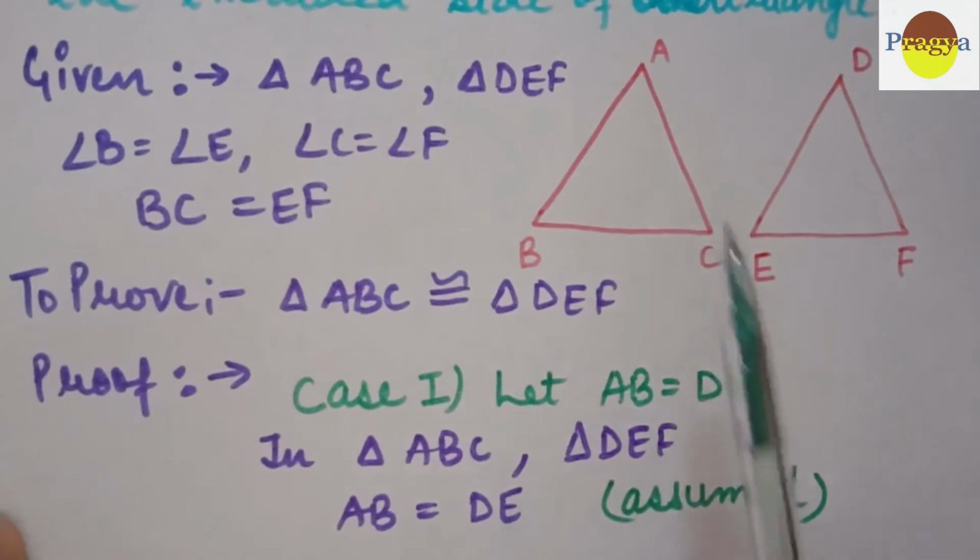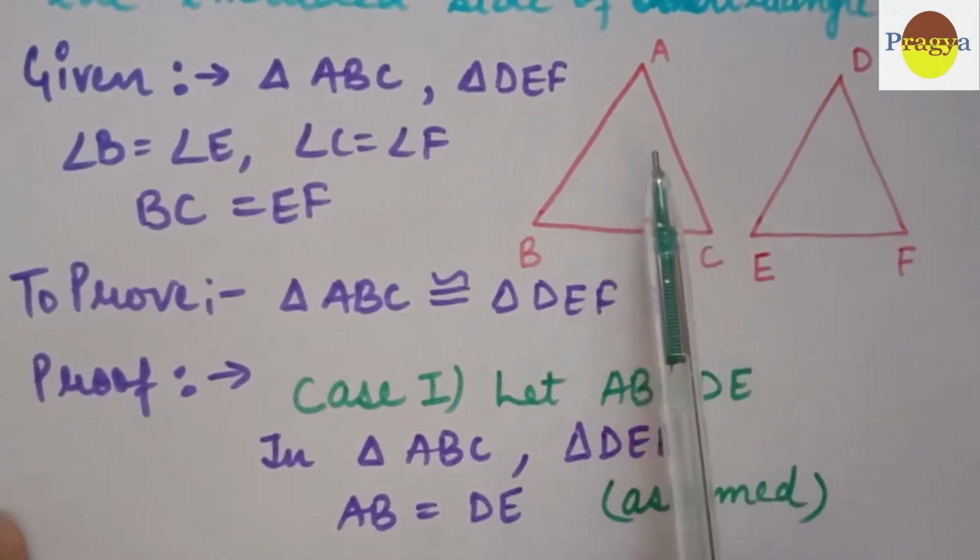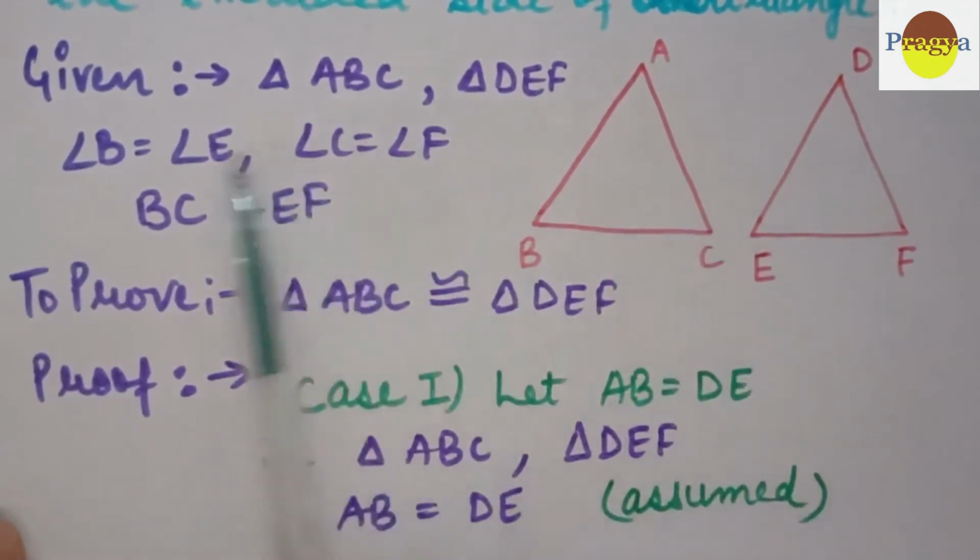So now we are going to prove that these two triangles are congruent. These 3 elements are given and we have to prove this. Students, now you are thinking that ma'am said we need 3 elements, and already 3 elements are given, so what do we have to prove? Students, these 3 elements are given, but we can't use all of them directly.